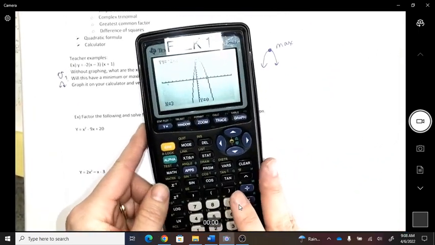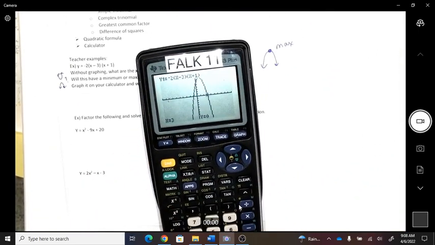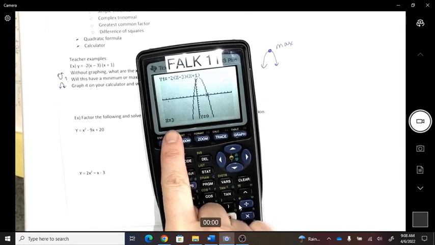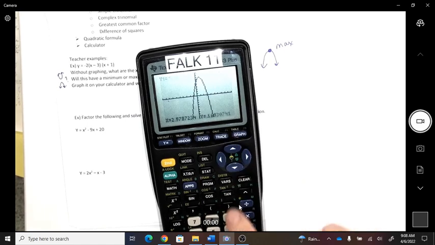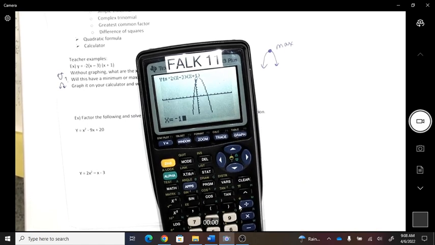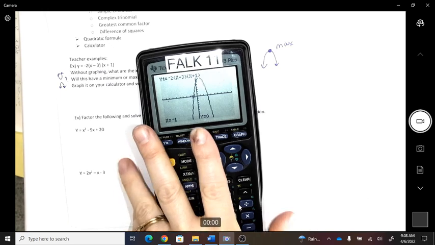So I'm checking it out. Is a 3 the x-intercept? Yeah, because look, it's 3 comma 0, right? And that's what I want. So I'm going to go trace negative 1, enter. Okay, we could have calculated it left, right. We could have done that, but because I already knew the answer, I'm just checking it. Okay.